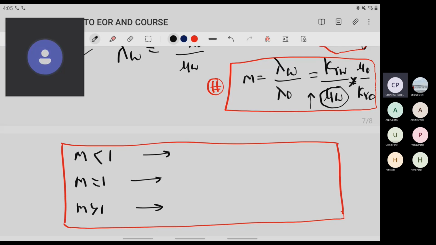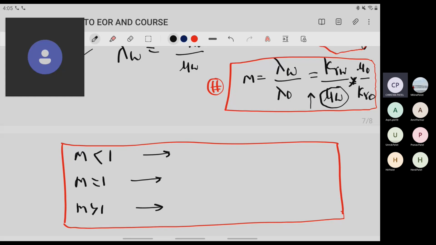Consider two cases where water viscosity is high. If water is heavily viscous, there is a possibility that water itself cannot move. In that case, we will not get much better recovery.